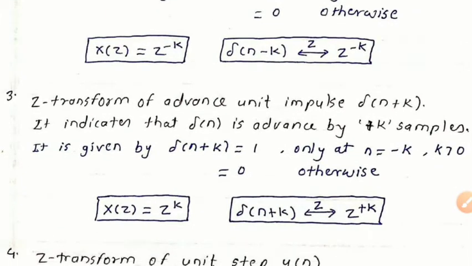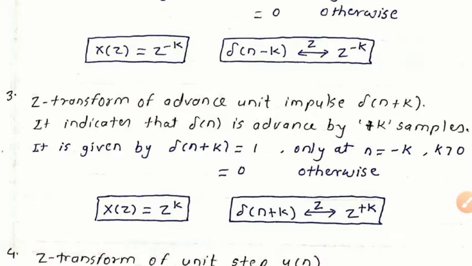It indicates that delta of n is advanced by k samples, and delta of n plus k is equal to 1 only at n is equal to minus k, where k should be greater than 0.